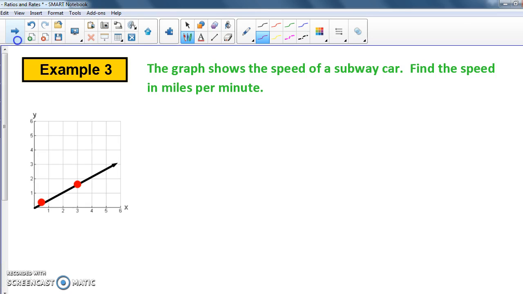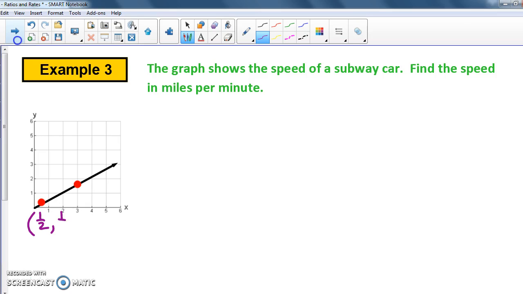The graph shows the speed of a subway car. Find the speed in miles per minute. Okay, so if I take a look here, I see that I have a couple of points here, and I want to just look at the coordinates for the points. So if I look here, and this is going back to a little bit of last year, but if you don't remember this, we can review it. This would be 1/2, because it moved 1/2 to the right.